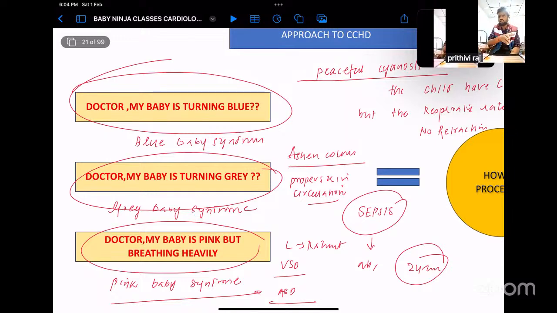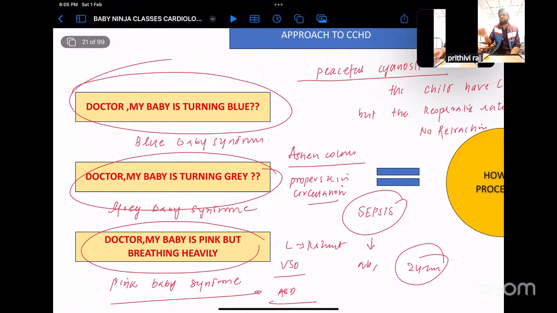What is the hyperoxia test and what is the pulse oximetry test, which we always do as a pulse oximetry screening test at the age of 24 to 48 hours of life. And this hyperoxia test is mainly useful to differentiate whether the cyanosis is because of respiratory cause or cardiac cause, which I already discussed in detail in our old classes.